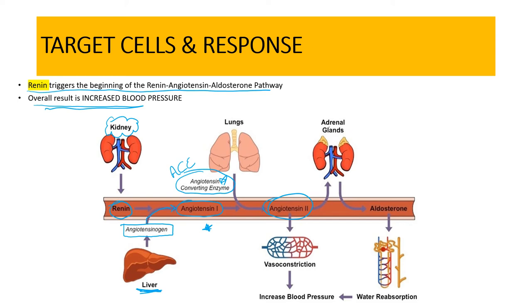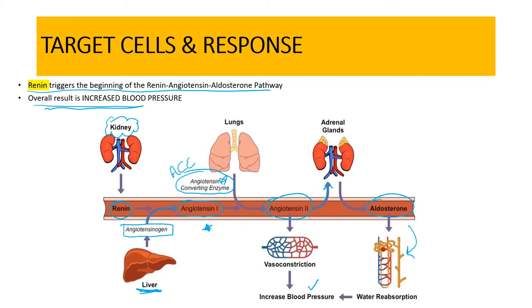So it's going to communicate with the adrenal glands. And when angiotensin 2 shows up at the adrenal glands, they are going to secrete aldosterone. Now, we know that aldosterone actually gets secreted from the adrenal cortex, but it just shows the adrenal glands in the picture here. Aldosterone is going to act on the kidneys, so it's going to go back and talk to the kidneys and cause water to remain in the blood, which is going to increase blood volume, which is going to increase blood pressure.